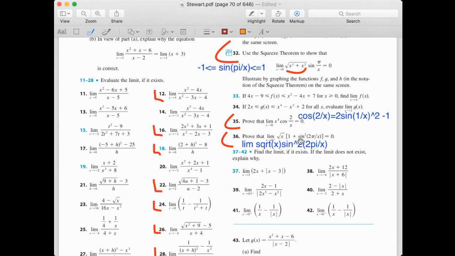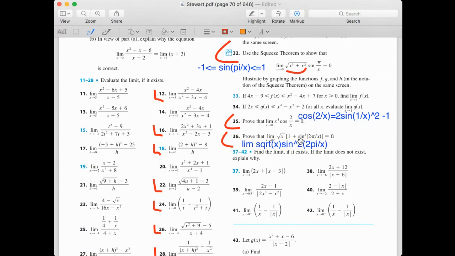Then you raise the whole limit to the square. You say the limit of sine 2 pi over x, squared. You raise the whole thing to the square. Then you prove the limit of sine 2 pi over x is in between -1 and 1. Then when you multiply by the square root of x, in this case it will be the fourth root of x because you raised it to the square. Then you prove the square root of x times sine squared 2 pi over x.